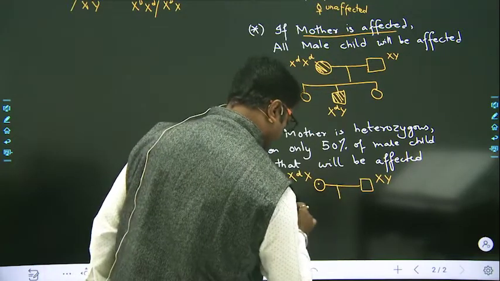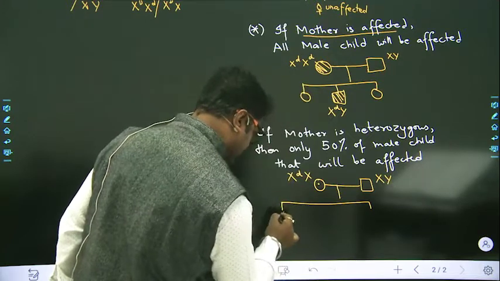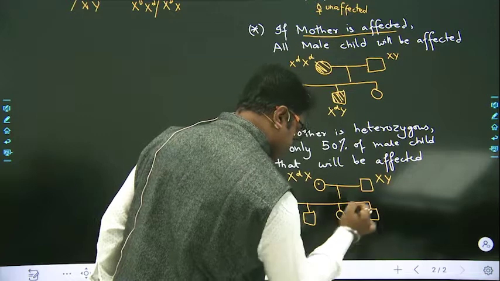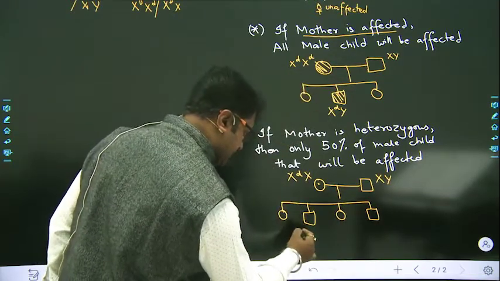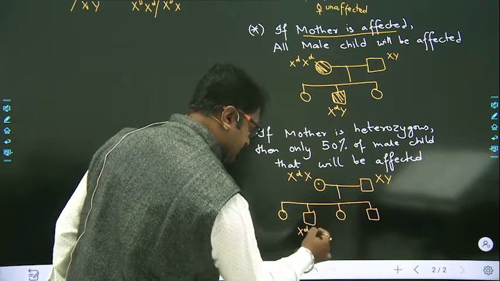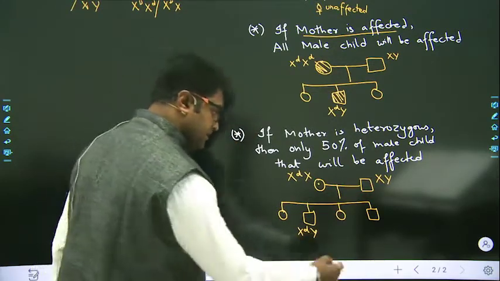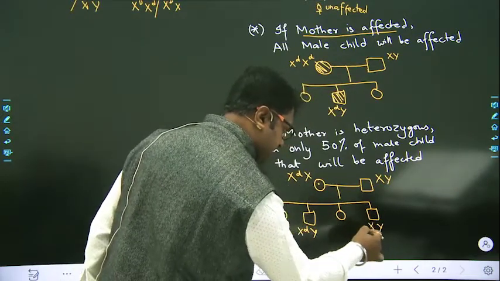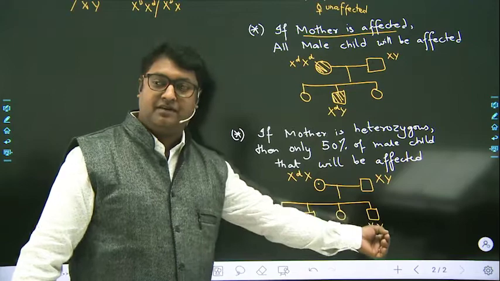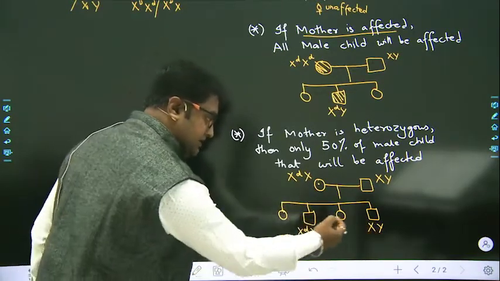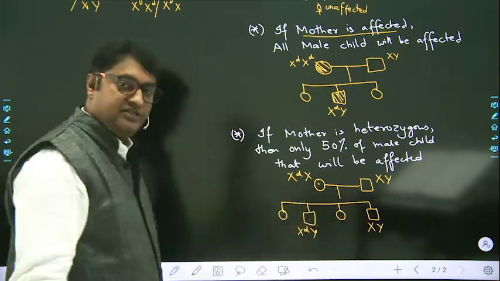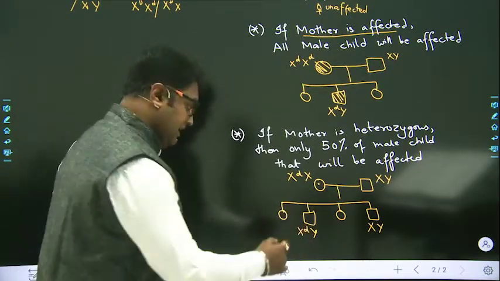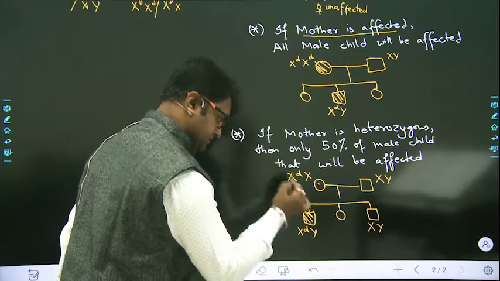Now, from all the progenies, suppose this one gets this, and this one only the Y will be receiving. So this kind of combination can happen where there are two male children from this couple, but only one of the two will be affected with the disease.